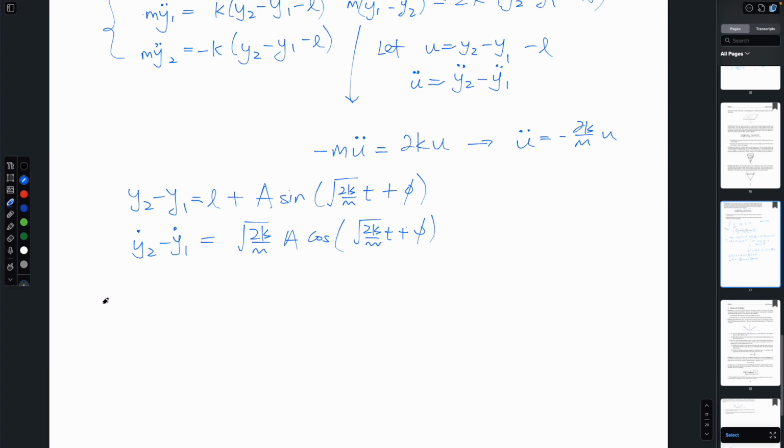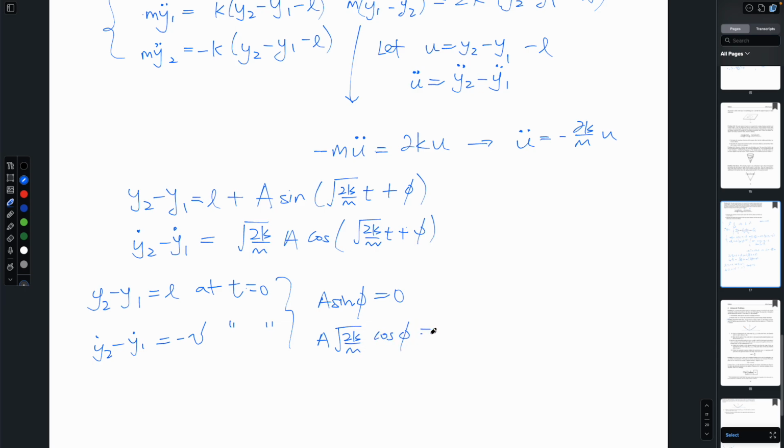If you plug in your initial conditions that y2 minus y1 at time 0 must be equal to L, and then y2 dot minus y1 dot must be equal to negative v at time 0, then you should get A sine phi equals 0, and A square root 2k over m cosine phi equals negative v.